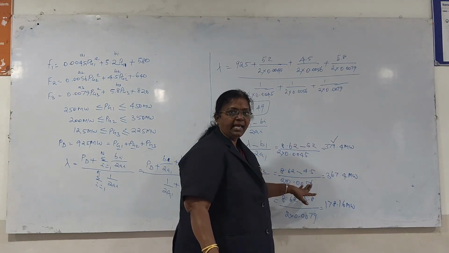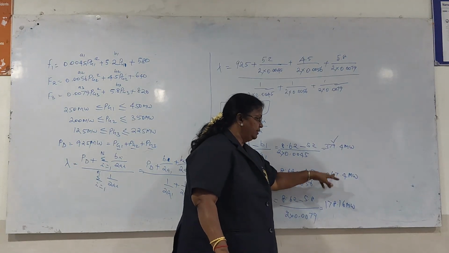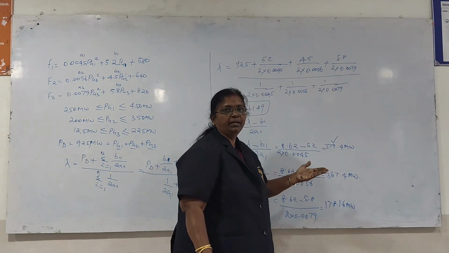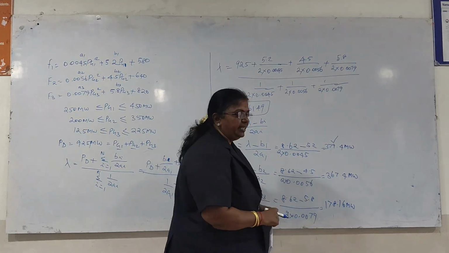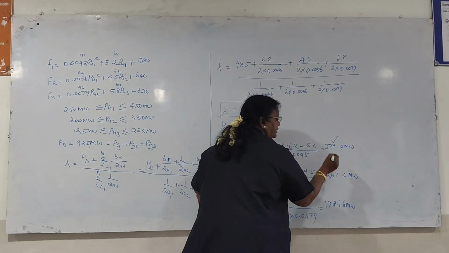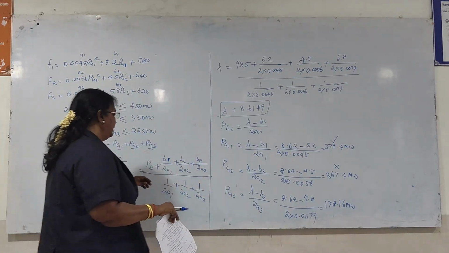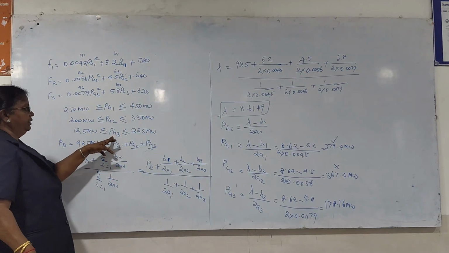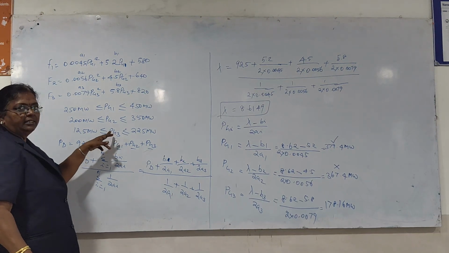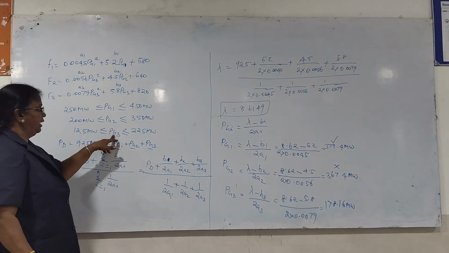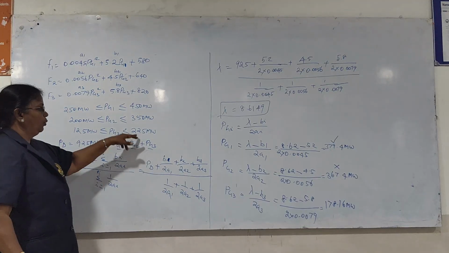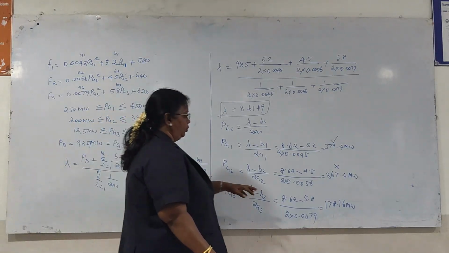But according to our calculation, it is 365, 367. So obviously it is exceeding the limit. So it doesn't satisfy the limit. Then you check the third unit. The generation value should lie between 125 to 225.